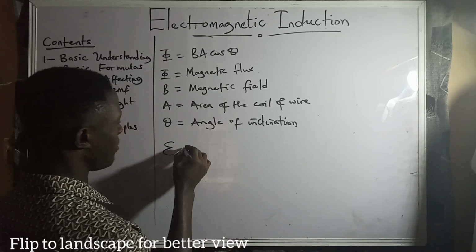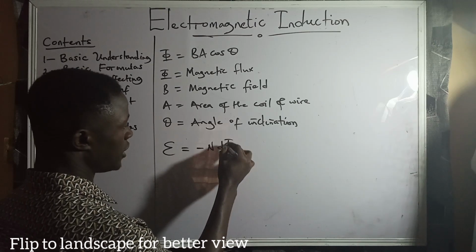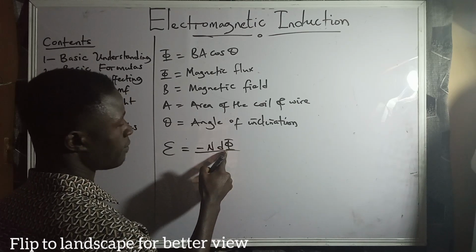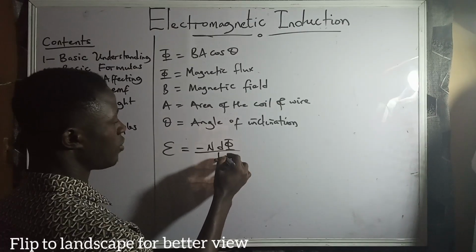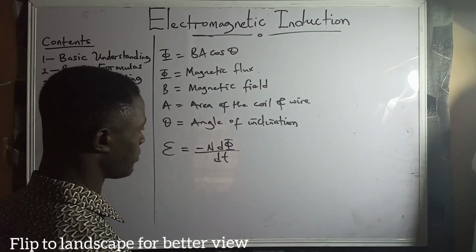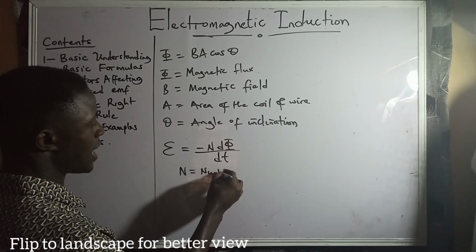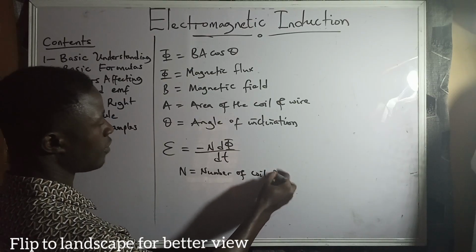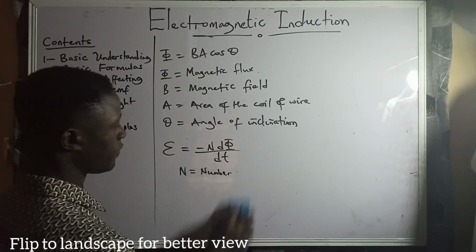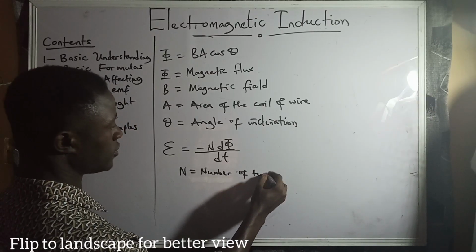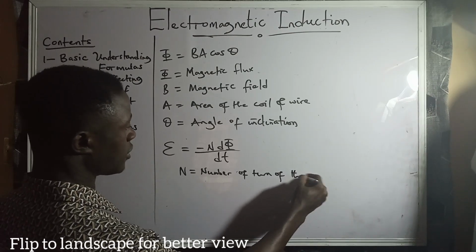So induced EMF is minus n, change in magnetic flux over change in time, where this n is equal to number of coils of wire or number of turns of the coil.